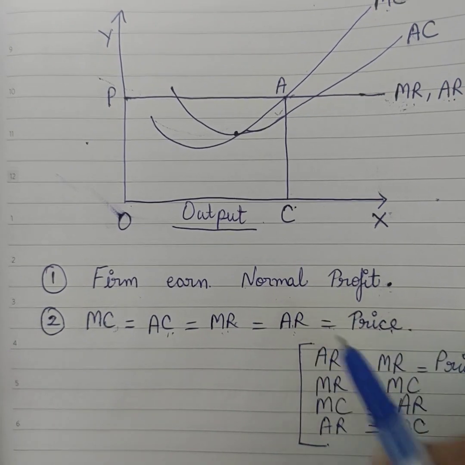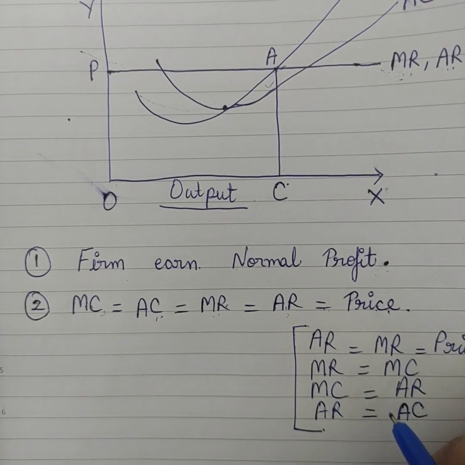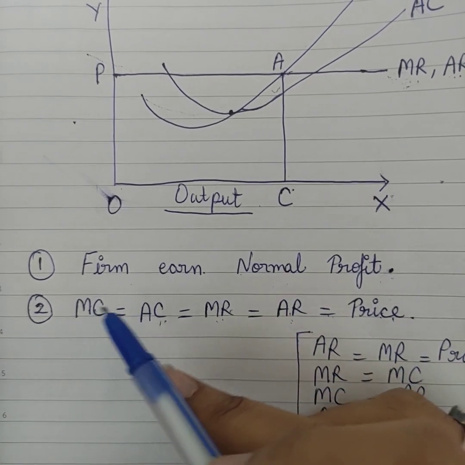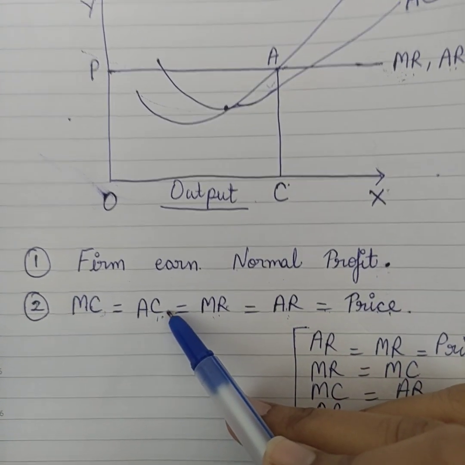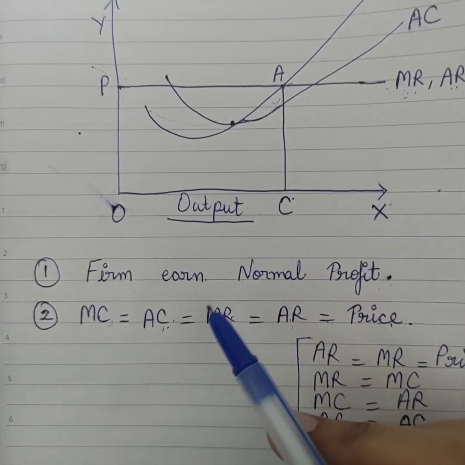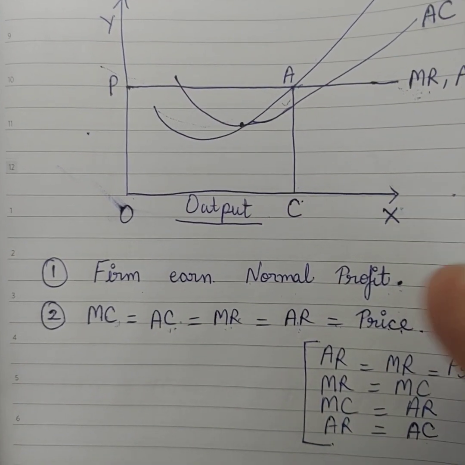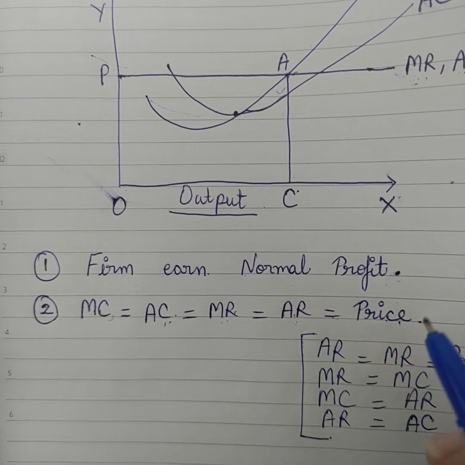Now see, marginal cost is equal to average cost. And we know marginal cost is equal to average cost only when it cuts average cost at its minimum point. Correct?